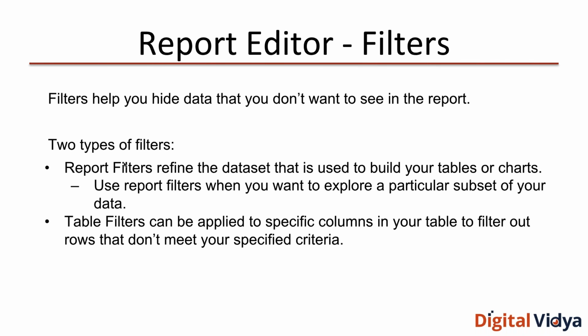So report filter helps you if you want to see a subset of your data. For example, if I'm going to put a keyword report, okay guys, don't you think certain keywords will not have any data? If I am having a keyword report for a campaign, and let's say I am having 100 keywords and 95 keywords are having zero data, report will look huge but there is no data. Don't you think that will look odd?